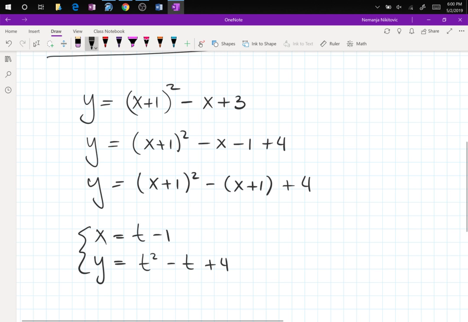T minus 1. T minus 1, right? Because you can clearly see that I define this as a t, right? So what's x? If I define this as a t, then x is t minus 1. Now, this parametric set is generally much nicer to deal with than the original equation that you have.